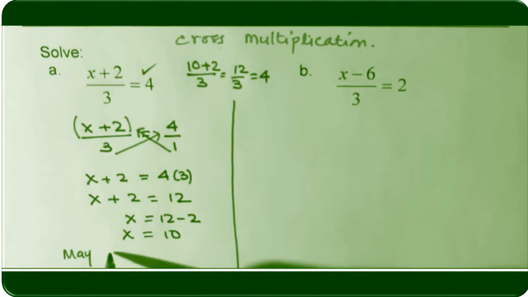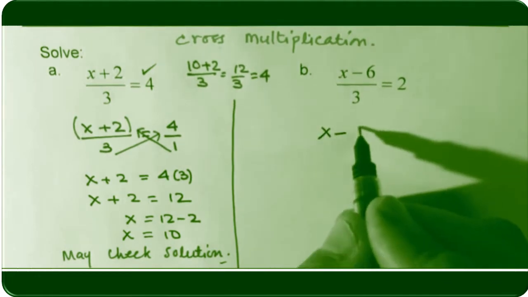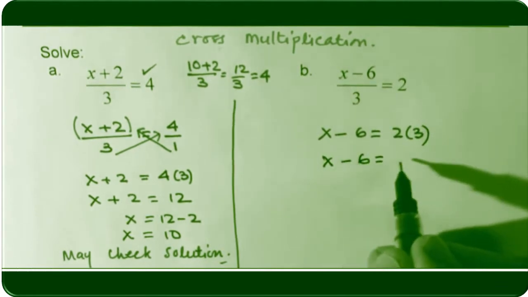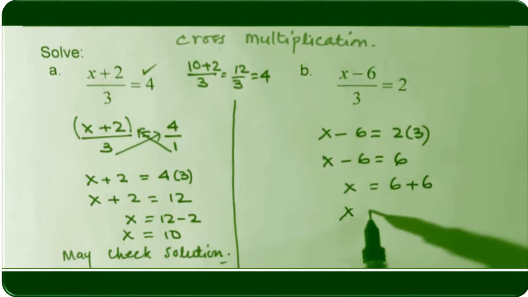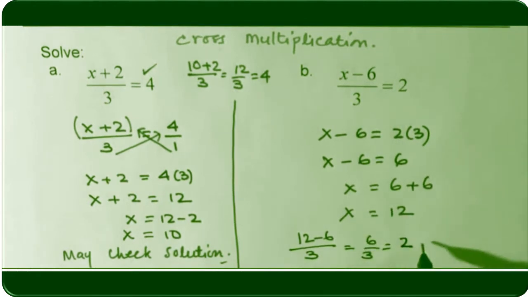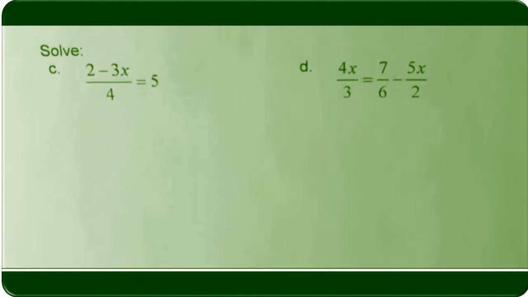Okay, so I think the technique is absolutely clear. Let's apply it again. We get x minus 6 equals 2 times 3, so x minus 6 equals 6. x equals 6 plus 6, so x equals 12. Check your answer: 12 minus 6 over 3 is 6 over 3, which is indeed 2, as expected. Okay, so we have another similar kind of question.